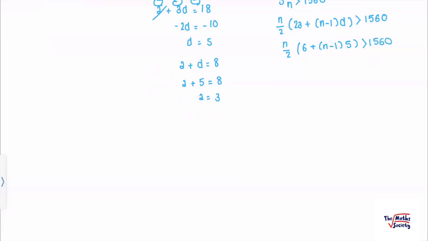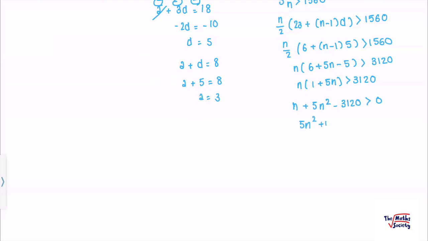So you're going to multiply it by 2, so it's n times 6 plus 5n minus 5 greater than 3120. And 6 minus 5 is going to be 1 plus 5n, that is greater than 3120. So 5n squared plus n minus 3120 is greater than 0.